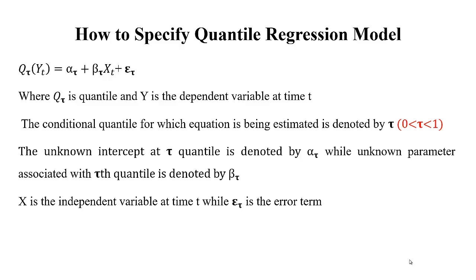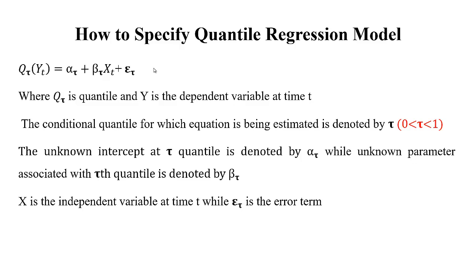Now let us quickly take a look at how to specify a quantile regression model. Here I have the model, and the first is Q subscript tau. If we delete this Q subscript tau and this tau, and this, then we have a classical linear regression model. That is when we have y subscript t equals this intercept, and this is the parameter of the independent variable.